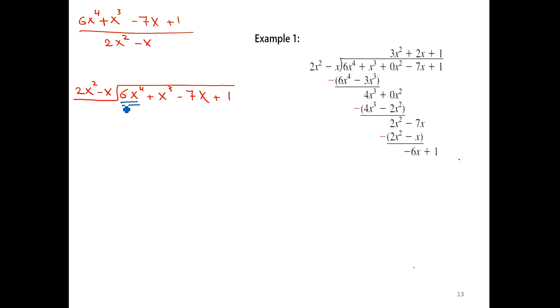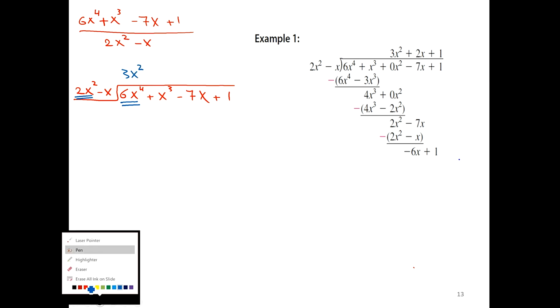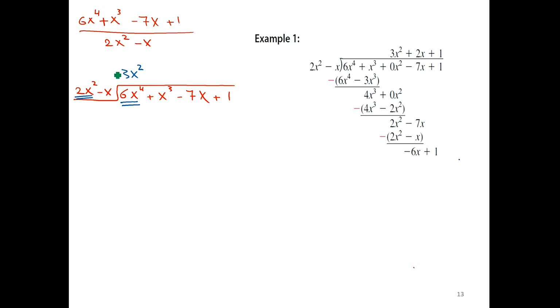divide the first term over the first term. This is equal to 6 over 2, 3. x to the power 4 over x squared, we have x squared. Now, multiply this by 2x squared minus x.